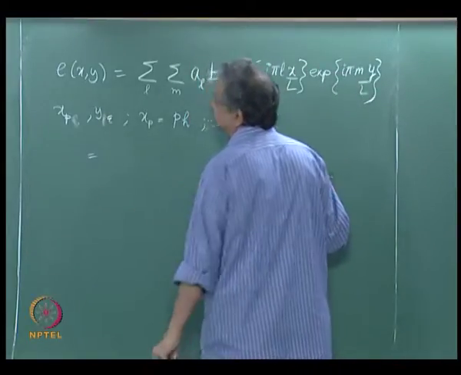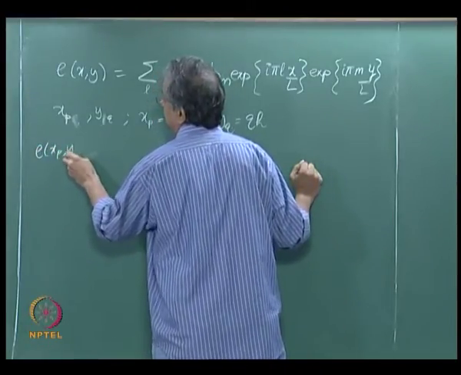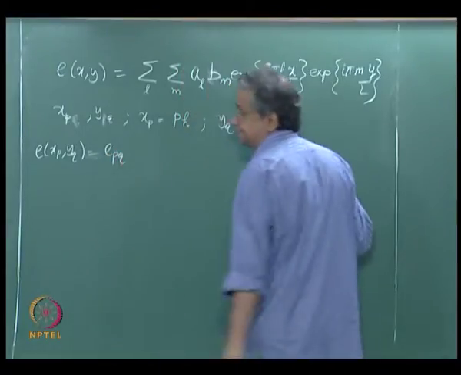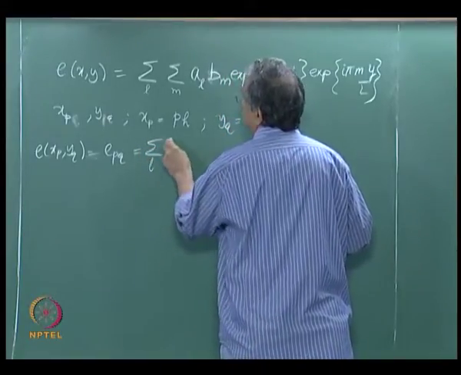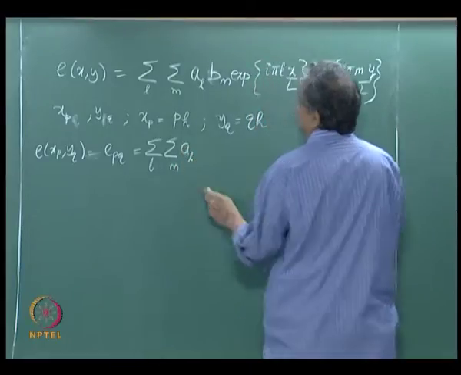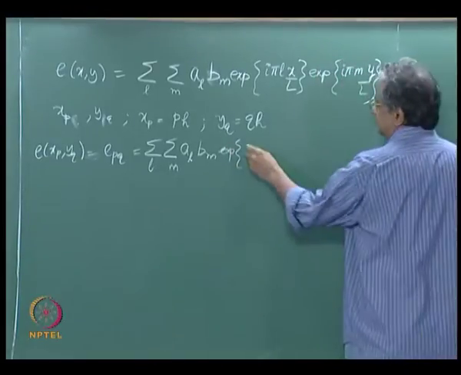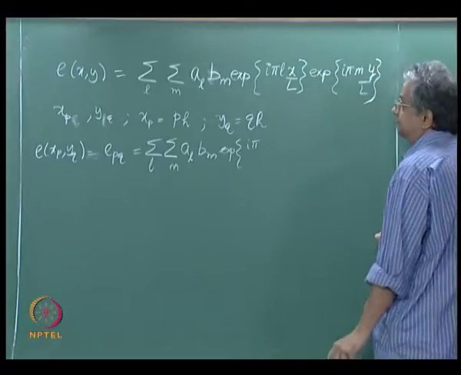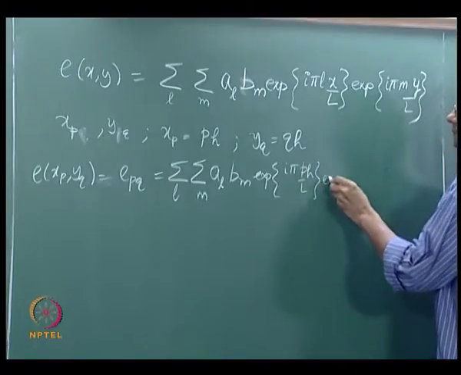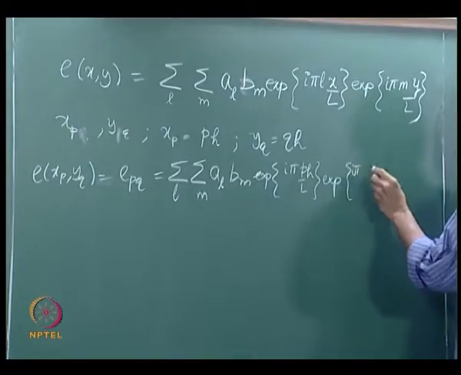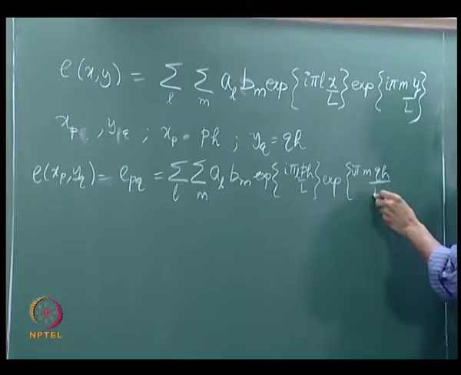So if I write E of x_p y_q as e_pq, this turns out to be a summation over l, summation over m, A_l B_m exponent i pi l, x is ph, by L, and i pi m q h by L.